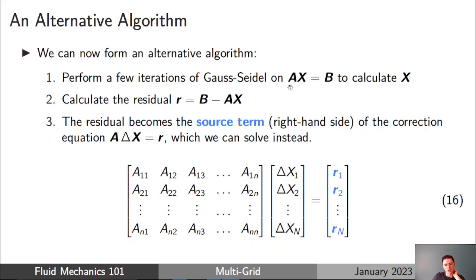matrix equation. So let's say, for example, that we did 10 iterations on Ax equals b. We did 10 iterations, we calculate the residual vector r, and then we do the remaining 20 or 30 iterations on the correction equation instead. So we haven't actually changed the number of iterations. All we've done is we've stopped solving Ax equals b after we've got that smooth solution, and we've now moved to the correction equation, A delta x is r.